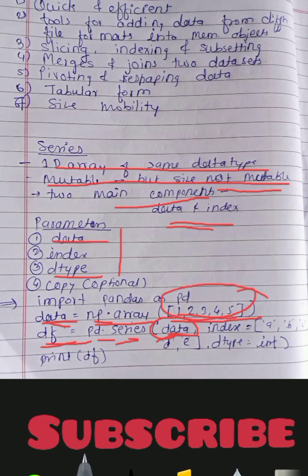Now next, indices. Okay, index equals a b c d and e. So 5 elements, 5 indices, and the data type we are specifying is of type integer. Okay, so simply we are creating an array with 5 elements, 1 2 3 4 5, and indices a b c d and e. Understood? And it is of type integer.